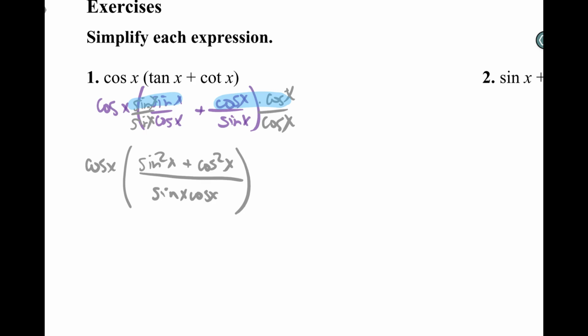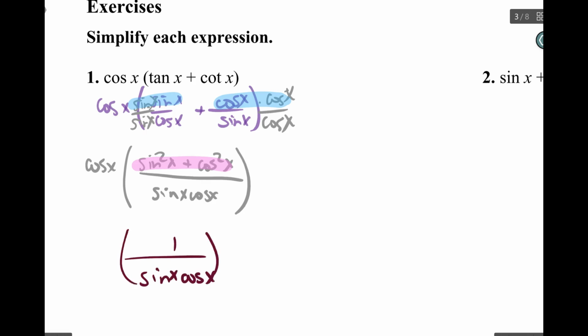So one thing I noticed is like, hey, guess what? Sine squared plus cosine squared is equal to 1. That's a Pythagorean identity. So 1 over sine x cosine x, and all of this is being multiplied by cosine x. Check it out. Cosine x cancels out. I'm left with 1 over sine of x. We can rewrite this as cosecant of x.